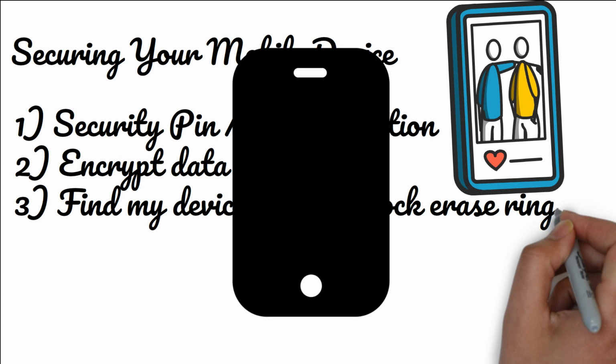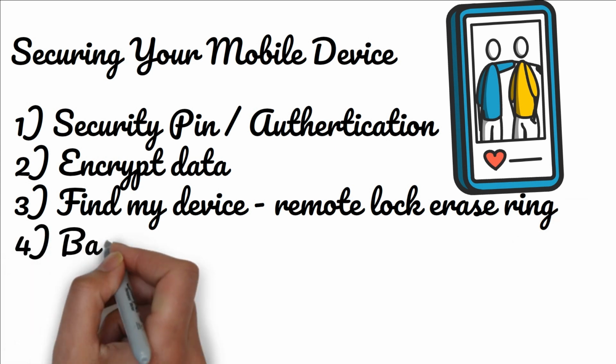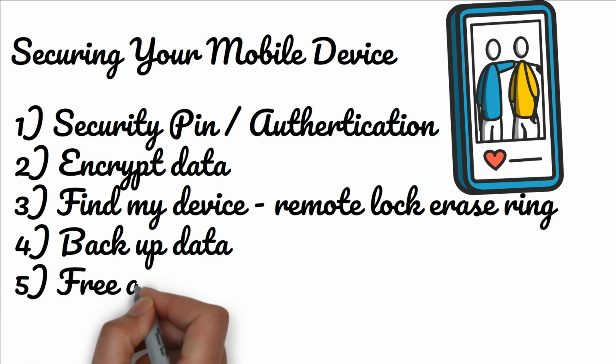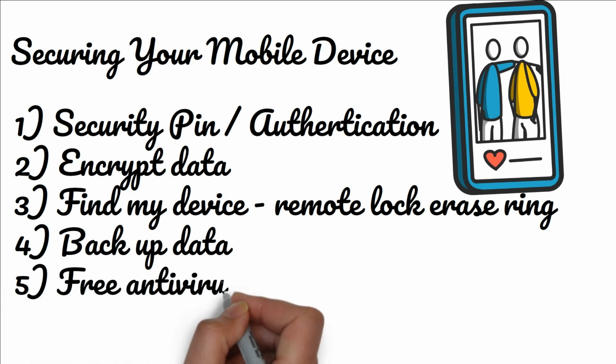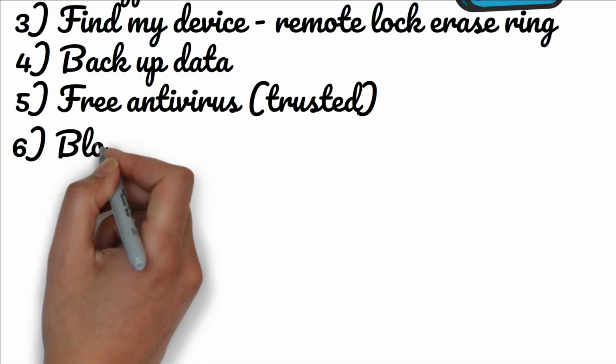You can bring your phone from this particular software. This option is useful if you lose your phone. It is always advisable to back up your data and even install a trusted free antivirus. You can always block third-party app installation.